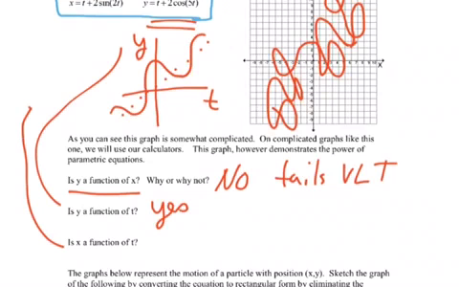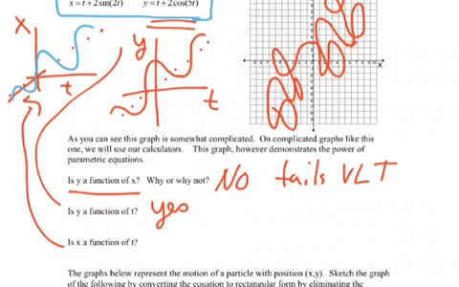And then we could ask, is x a function of t? Now this throws people off because we're going to put x here on the vertical axis. Because now for parametric equations, our independent variable is t, and that's what goes on the horizontal axis. But if we did that, this graph would look very similar to the last one. It would have my sinusoidal axis, and then this is a sine graph, so it would start at the origin and then do something like this.